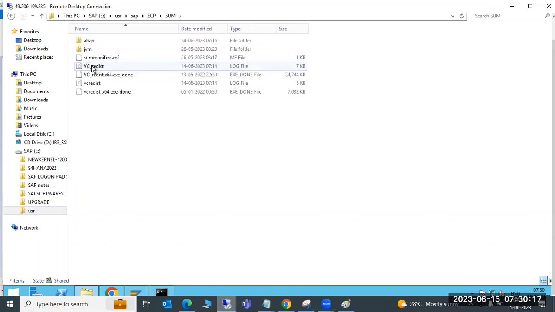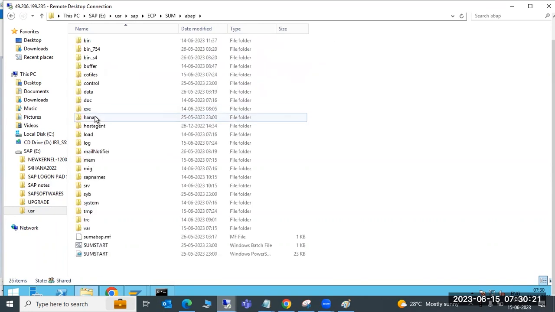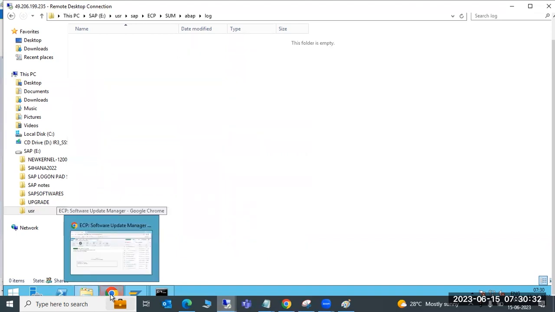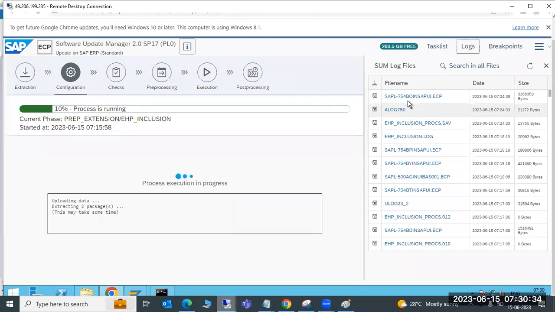It's very slow now. Under the ABAP log directory here, all the logs can be checked. Whatever logs are in the console, the same logs we can see here: the EHPI logs, all these logs.